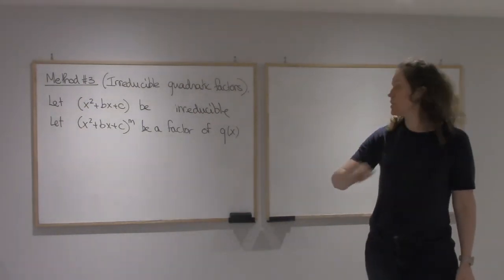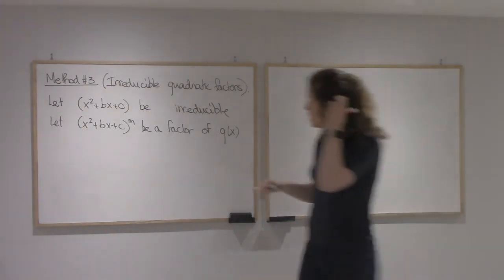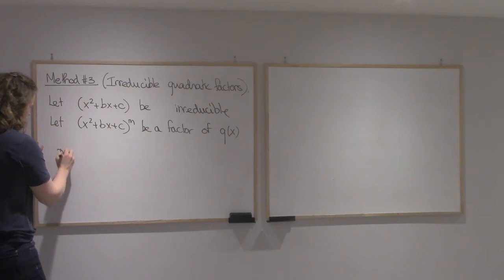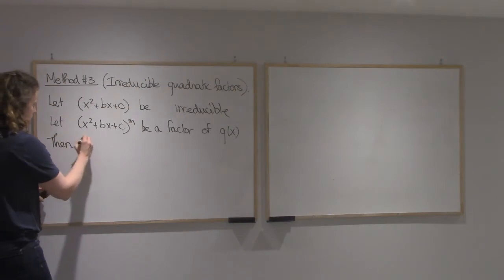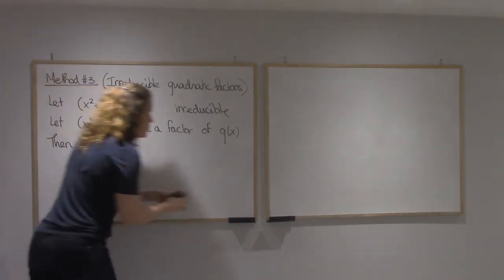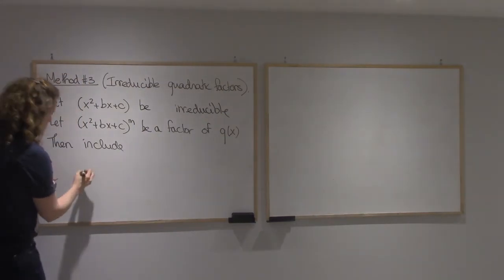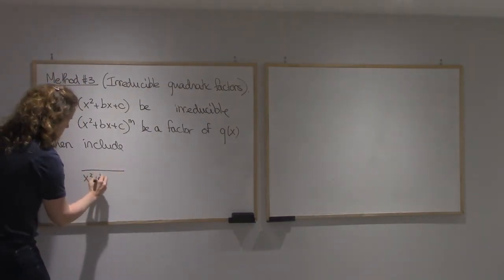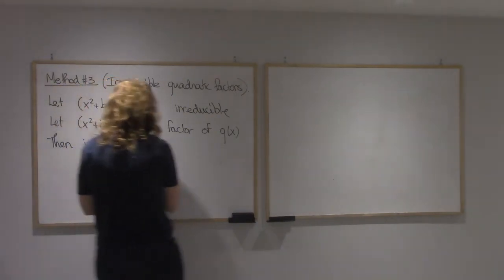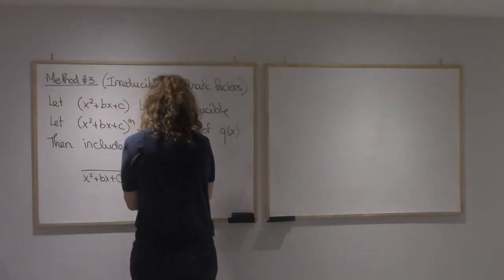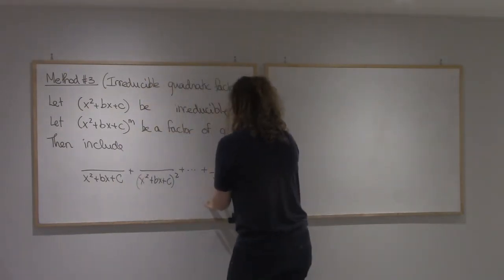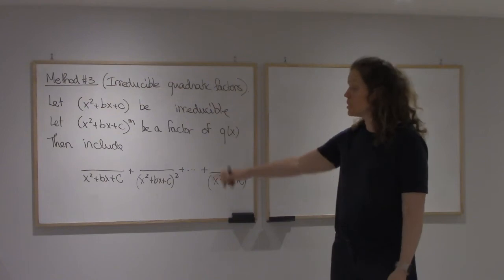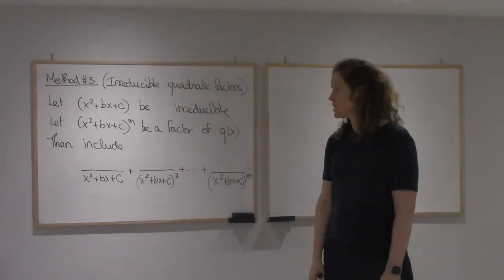Then in the partial fraction decomposition of the rational function, you should include terms with x squared plus bx plus c in the denominator.